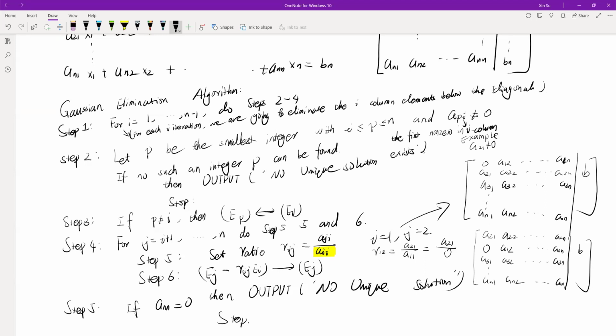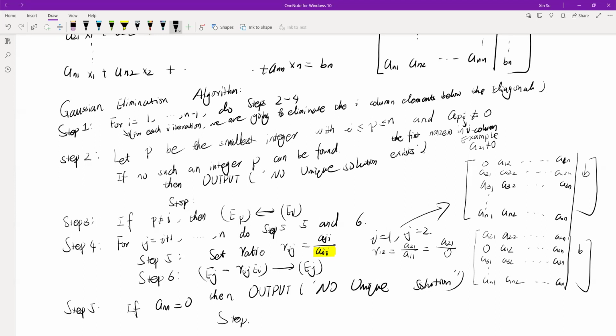There's one more piece of information from step 2. If such an integer p cannot be found, then we can say there's no unique solution. Why is this?